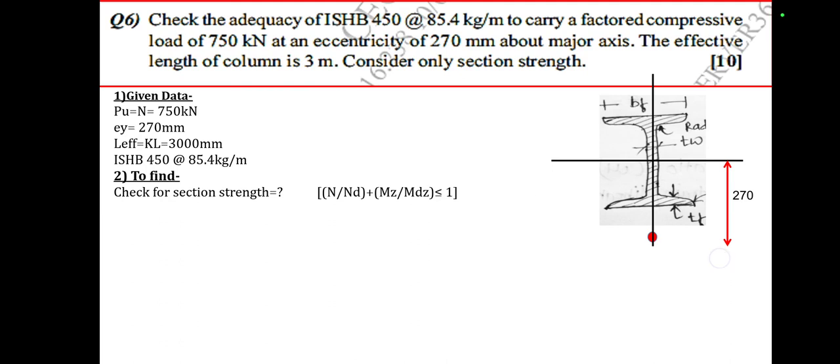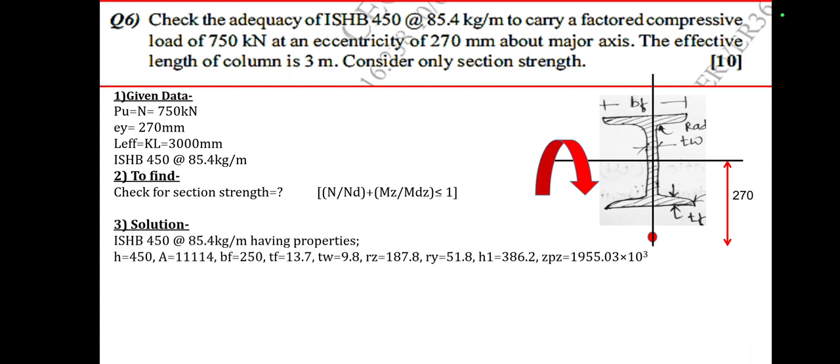The eccentricity is 270 mm in the y direction, and the moment due to this eccentricity is 270 into 750 into 10 raised to 3 Newton. Thereafter, we need to write down the properties of the section.